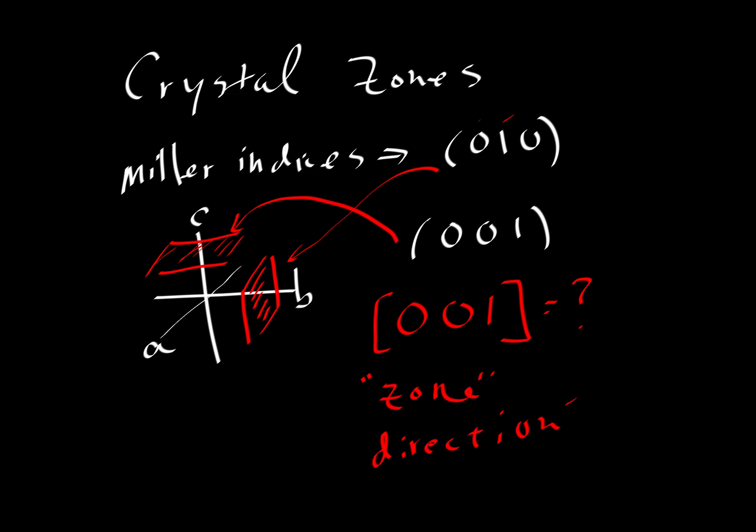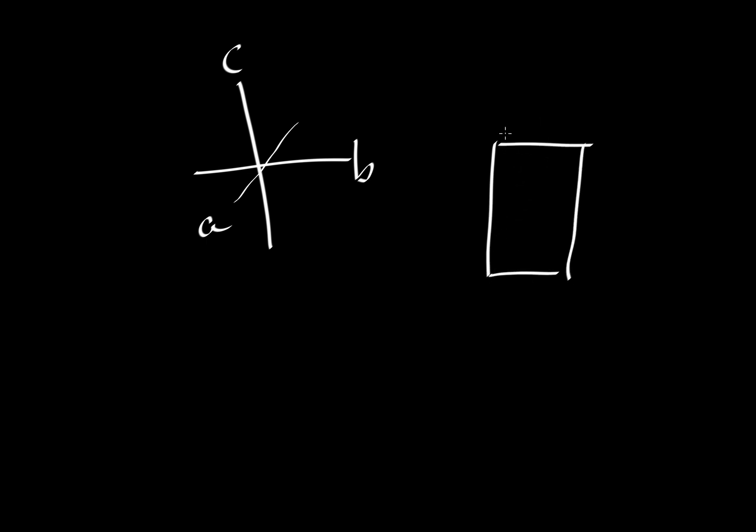Let's go ahead and clear the chalkboard and start again with something that has A, B, and C axes. And let's draw a box, not necessarily a cube, but a box where each of the sides has a different length. So there's our box. And these are the sides and back.